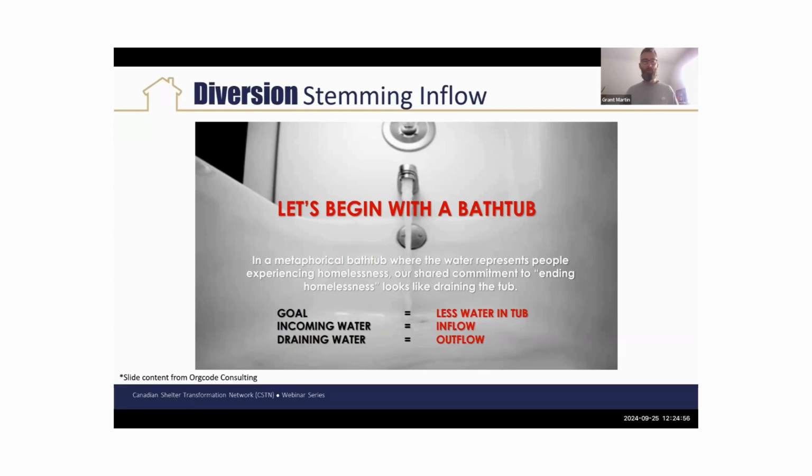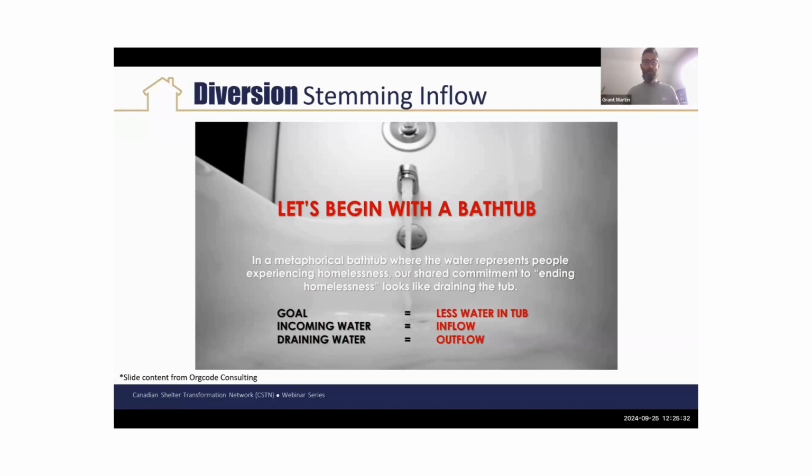So if we start with the idea of, in our metaphor, using a bathtub, where the bathtub is our shelter, and the water is people entering our shelter. It's about three things. One is the goal is to lessen the amount of water in the tub. And there's two ways of us being able to do that.